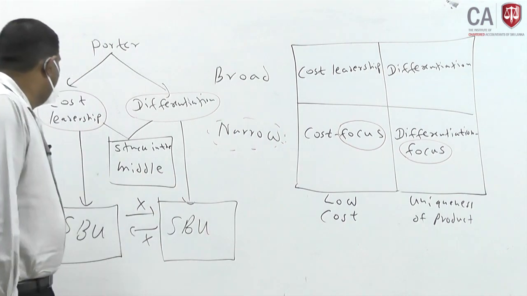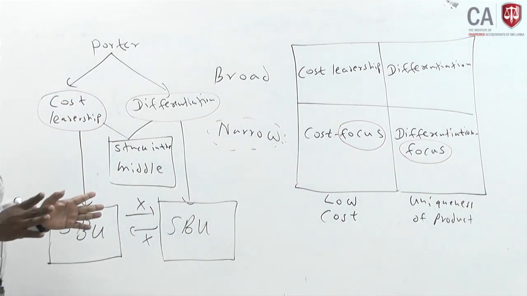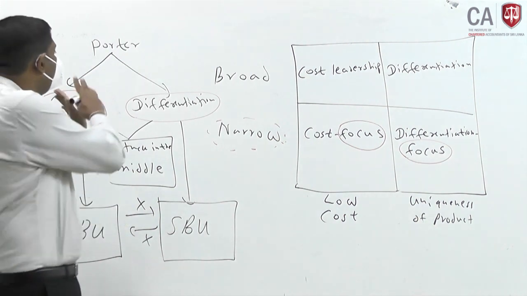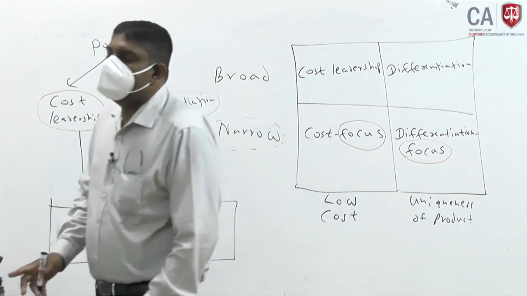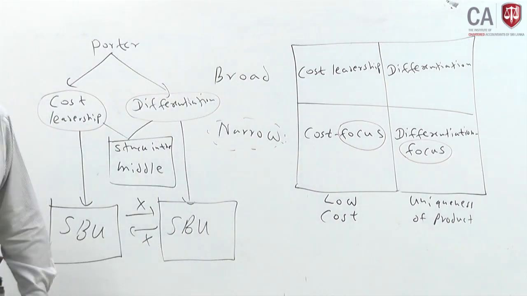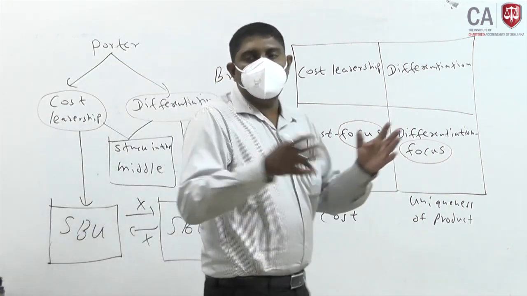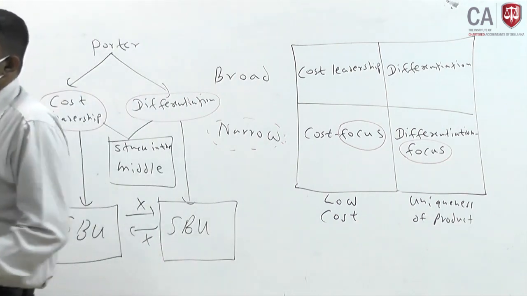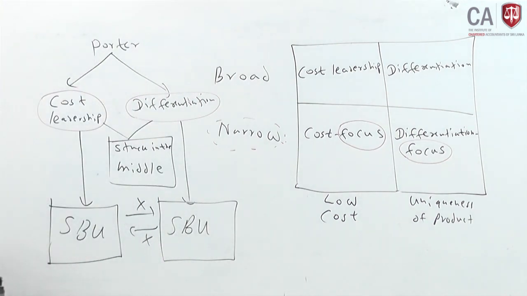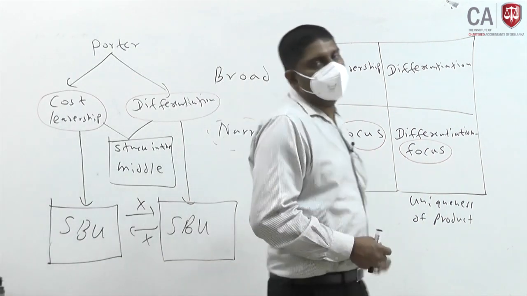Then you will have the internal environment required to apply each strategy. It is logical in some aspects. Why is it logical? To use cost leadership, the internal factors to be met are different from the internal factors to be met when you are trying to apply the differentiation strategy.